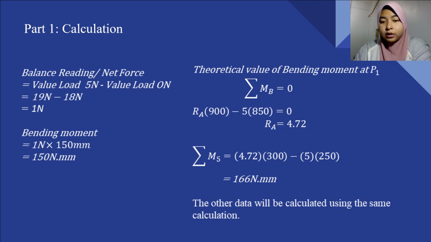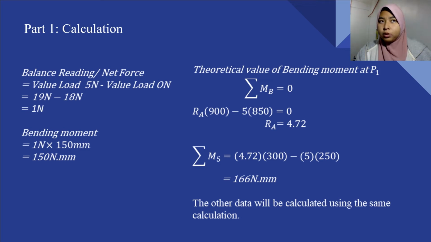To find the theoretical value of bending moment at each point, the first one is at point P1, we'll be using the total moment equal to 0. So we get RA multiplied with the 900, which is its original distance, minus the force at P1 that we put, which is 5 Newton, multiplied by the distance of P1.